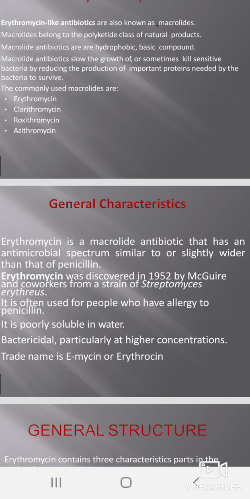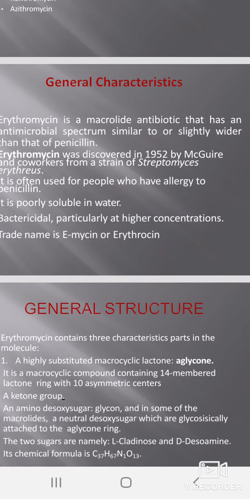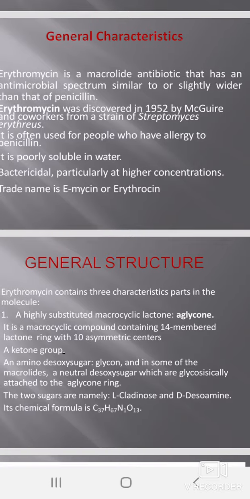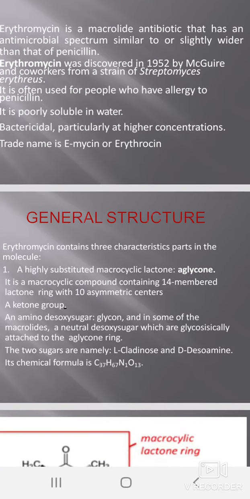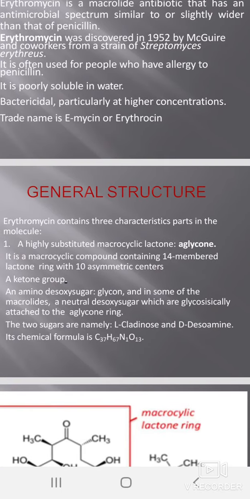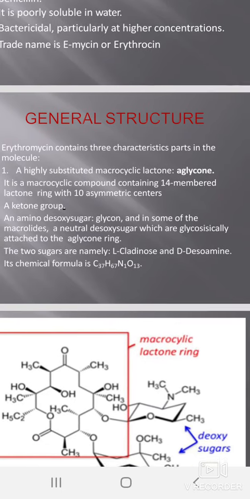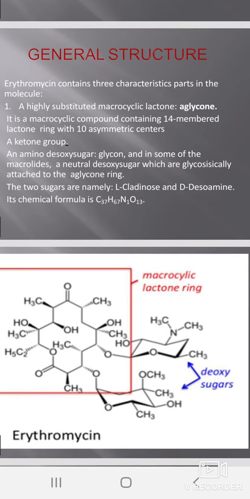Next, we are discussing the general structure. Erythromycin contains three characteristic parts in the molecule. You can see the diagram below. A highly substituted macrocyclic lactone, a glycone.